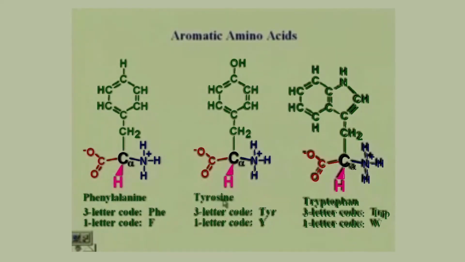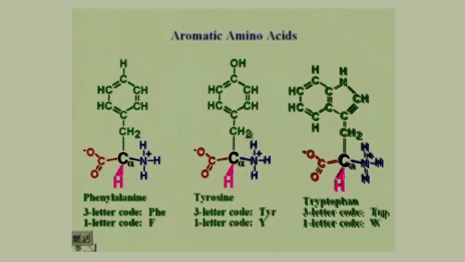We have tyrosine, which is similar to phenylalanine, the only difference being that this hydrogen is replaced by an OH. So, the tyrosine can actually also be involved in hydrogen bonding. In the grouping of amino acids, this could also therefore be put into a polar group, but it is usually grouped under the aromatic amino acids because of the phenyl ring here.